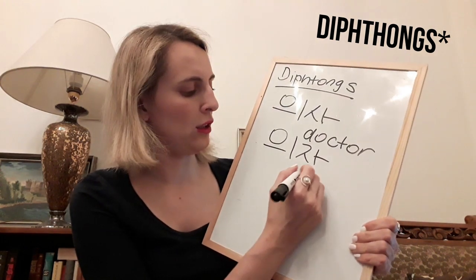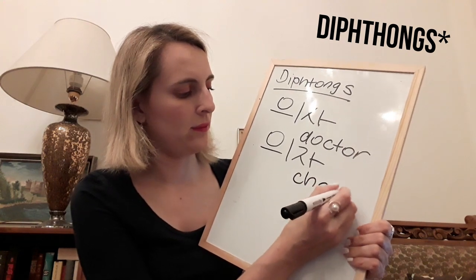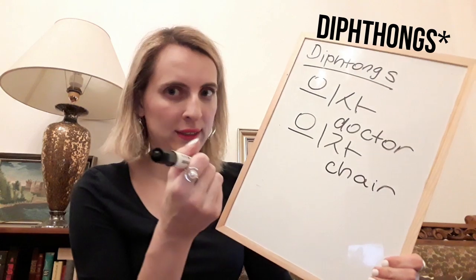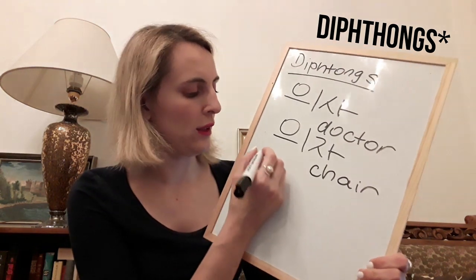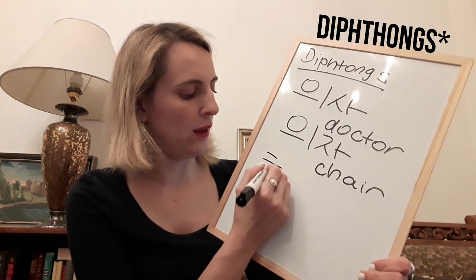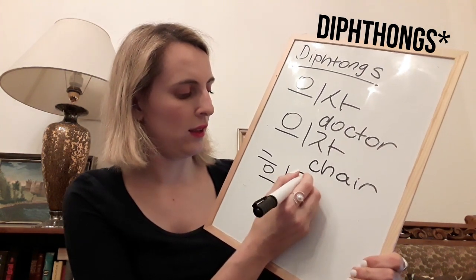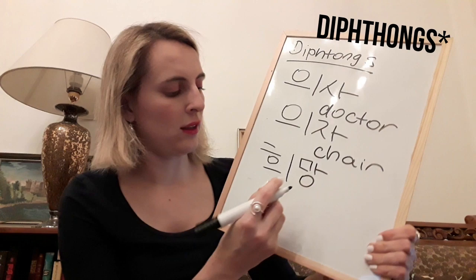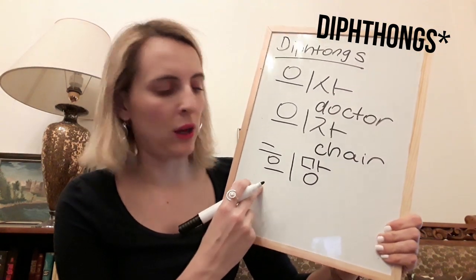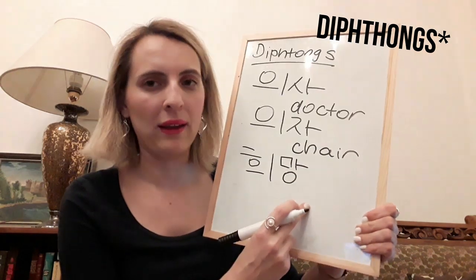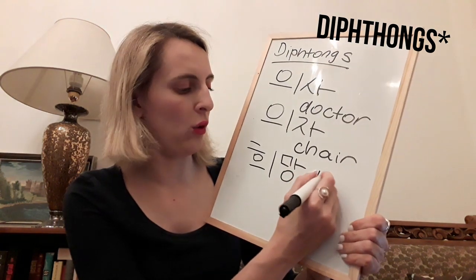Oija means chair. Then we have the example that I told you about. We have he, himang, and we are not pronouncing it like huimang, but himang, and himang means hope.